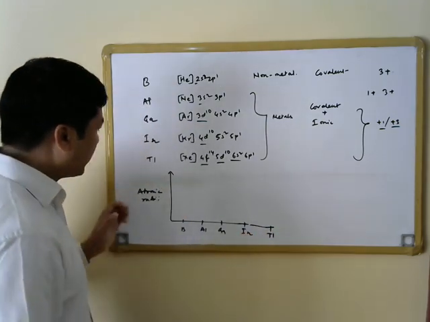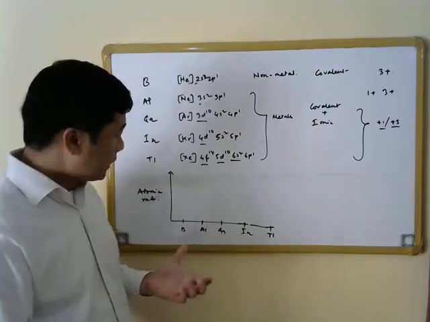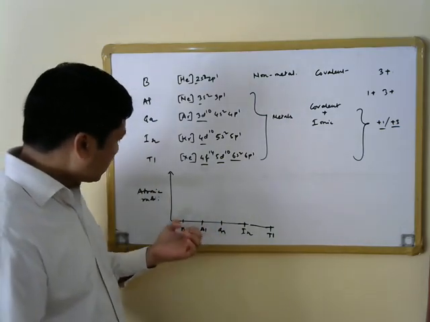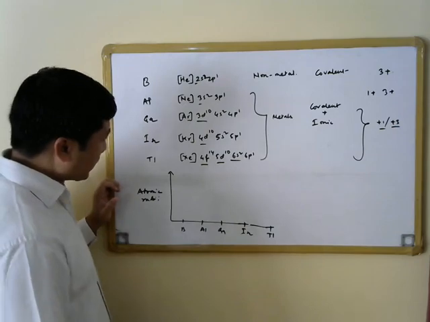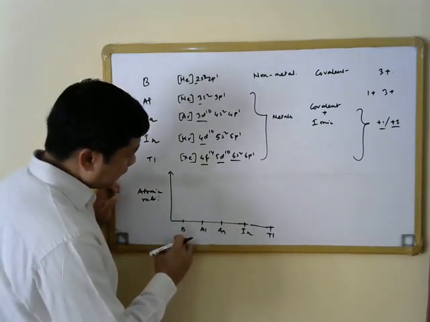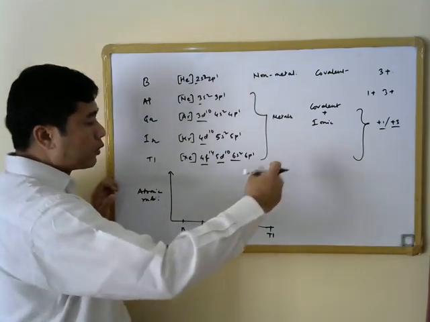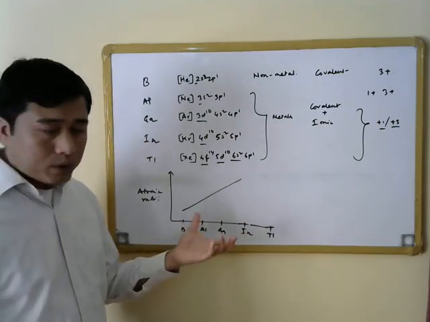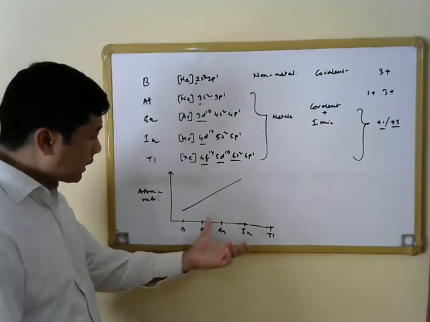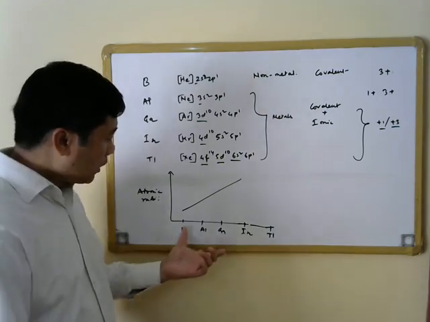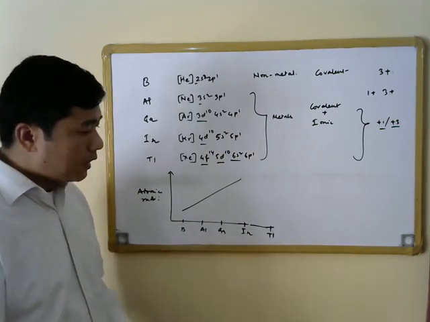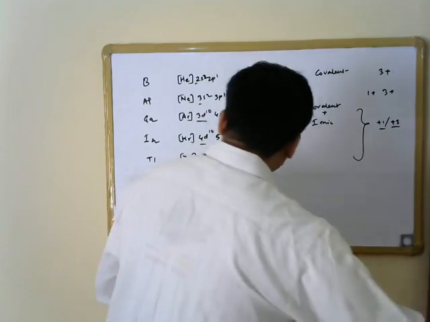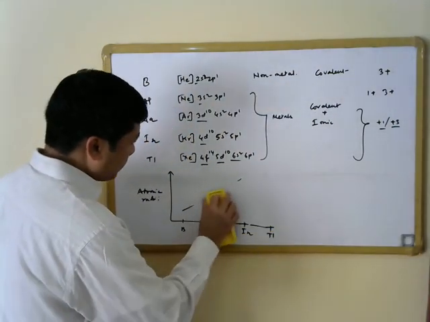When we plot the atomic radius of these elements of increasing atomic number, we expect the size to increase from a lighter element to a heavier element, and we expect to see this sort of a plot. But that is not the case.